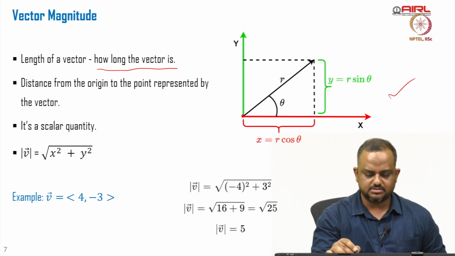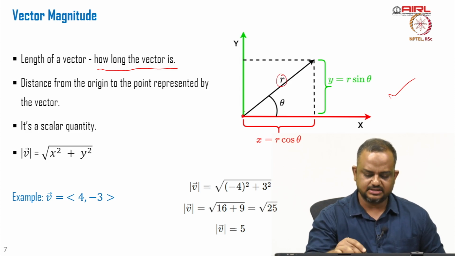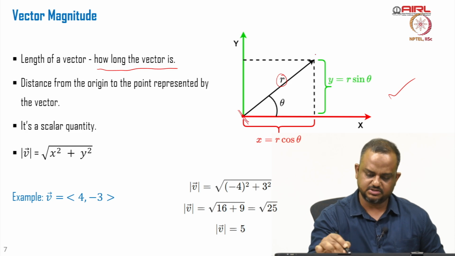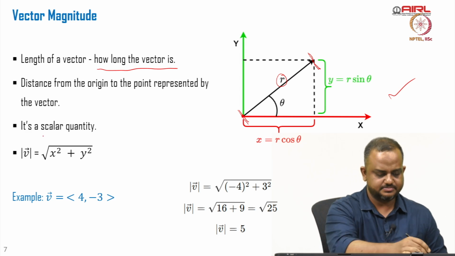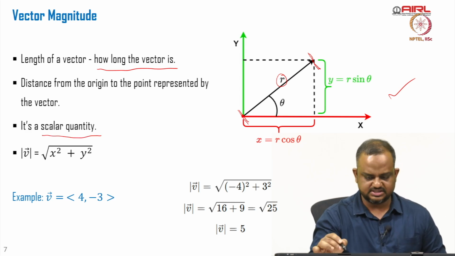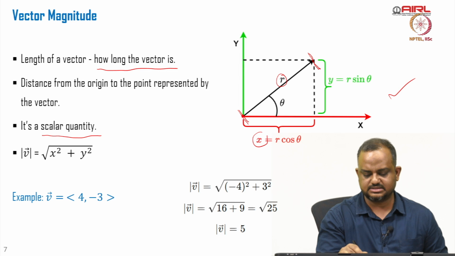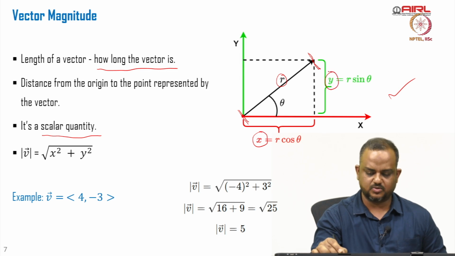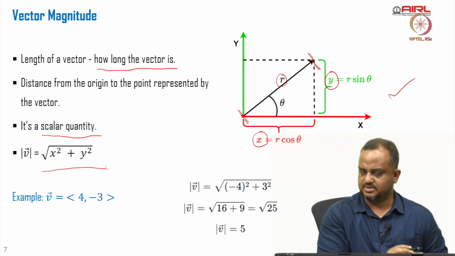So this particular vector r, what is its length? Its length is from this point to this point. The total length is the length of the vector. It is a scalar quantity. How is it calculated? It is calculated by the Pythagoras theorem. Since this particular length is x and this particular length is y, the length of the vector is the square root of x square plus y square.